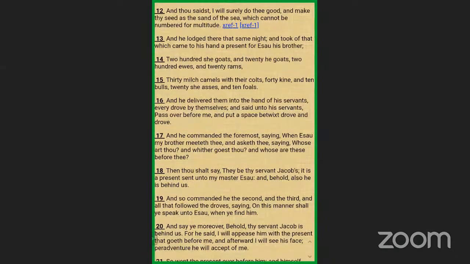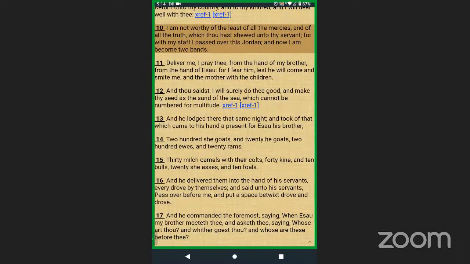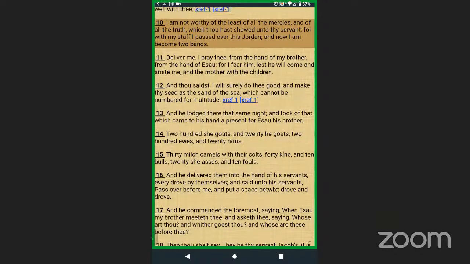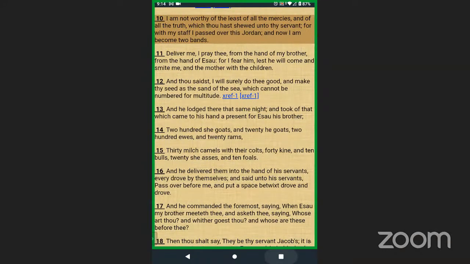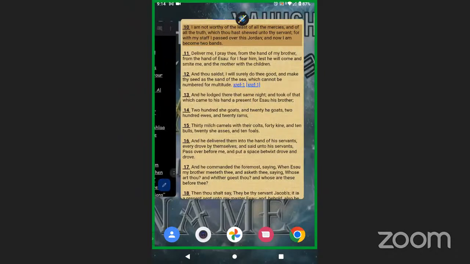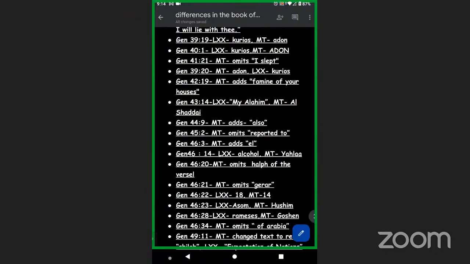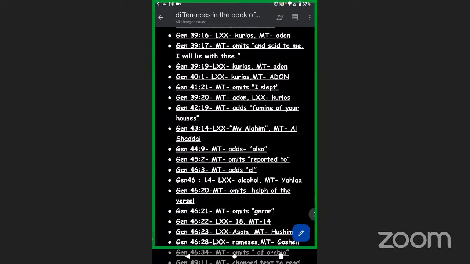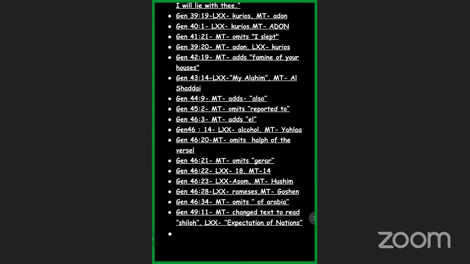The next verse shows the context. All right, so yeah, the Septuagint has right ruling, and then the Masoretic text has mercies. I get that he's praying to Yahuwah, but right ruling seems a little bit more contextually fitting since he's talking about all the commands Yahuwah has given him and everything.